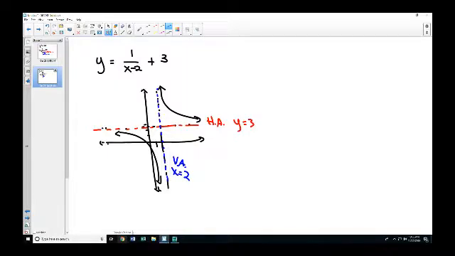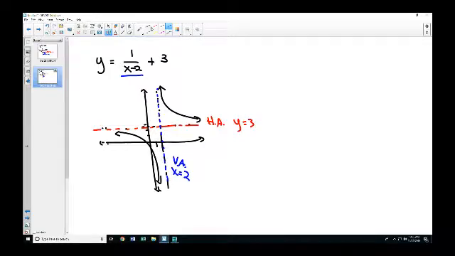Of course, not all things are super easy in math, right? If you don't want to graph that, you don't have to. What makes the denominator 0? 2. That's your vertical asymptote, right?